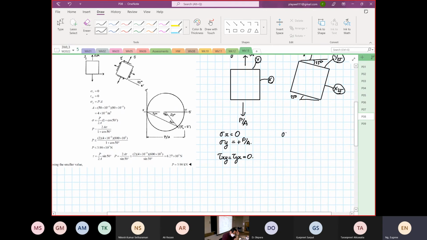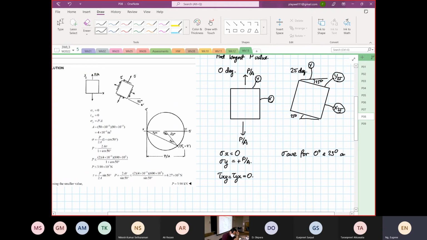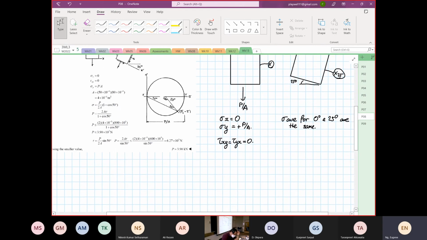So the average stress for 0 degrees and 25 degrees orientation is the same. The average stress will not change at all. I repeat, the average stress will not change at all.